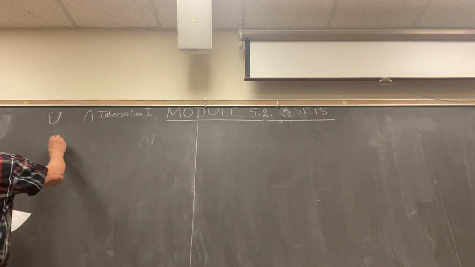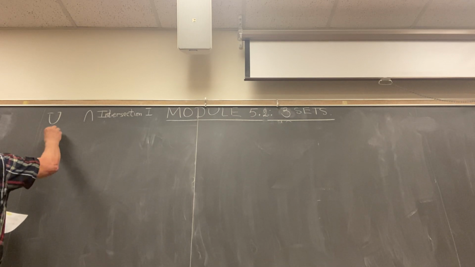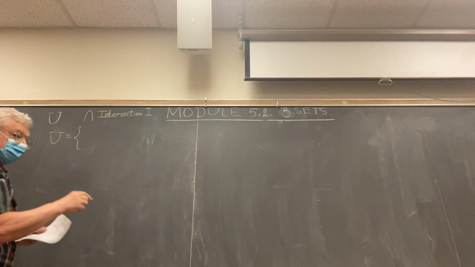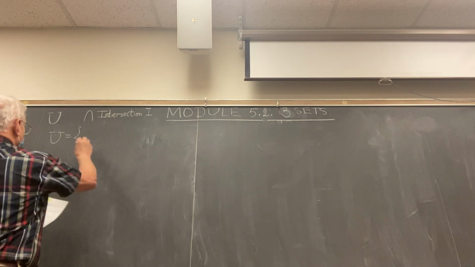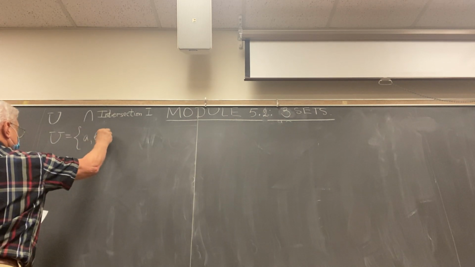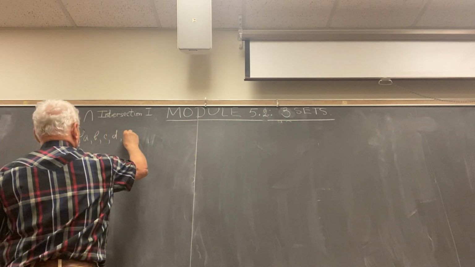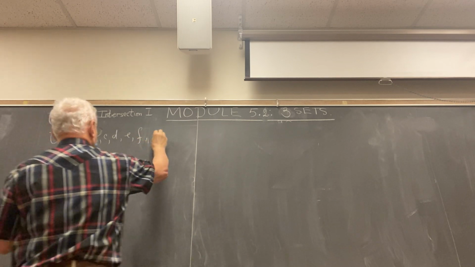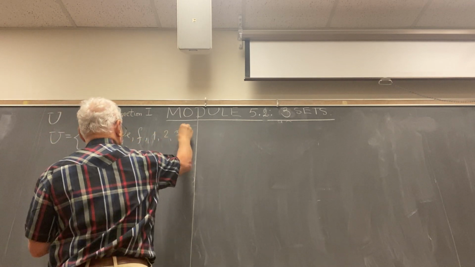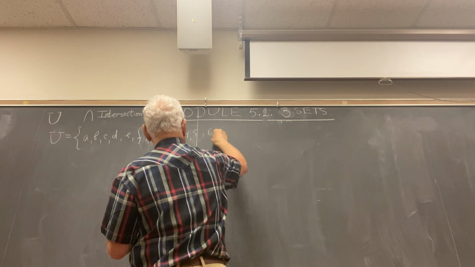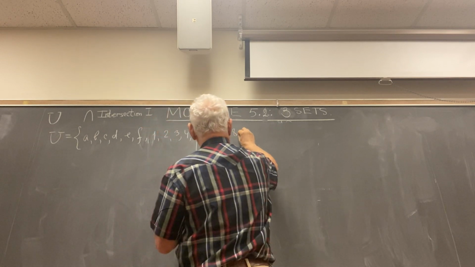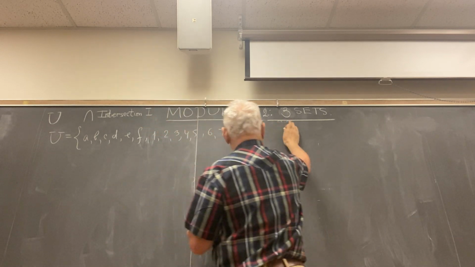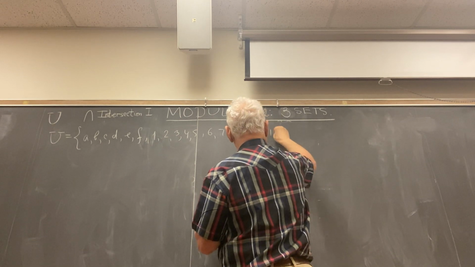Let me just write the sets, almost the same sets. U equals, do you see the sets in your paper? Let's write A, B, C, D, E, F. Then numbers 1, 2, 3, 4, 5, 6, 7, 8, 9, 10. This time it's a little more, 11, 12.